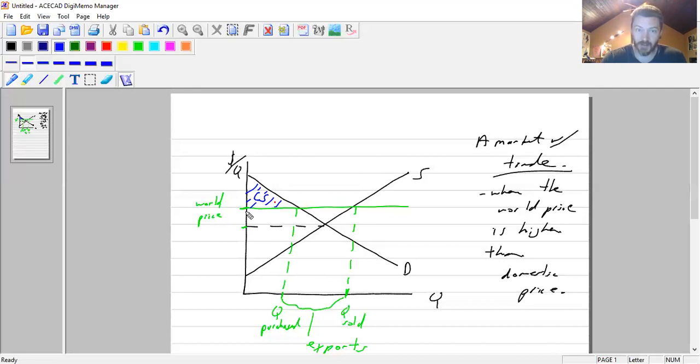Producer surplus, on the other hand, is still the same thing. Sorry, let me back up for a second. Sorry about this, I'm getting tongue-tied. What producers get is this entire box right here. This is what they receive in total revenue, just the world price times the quantity that they sell.